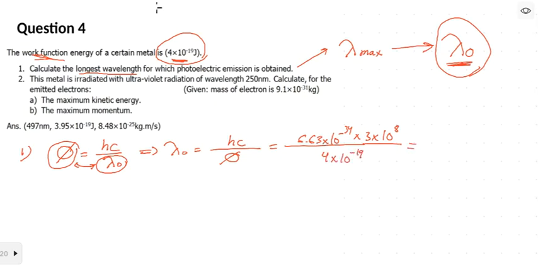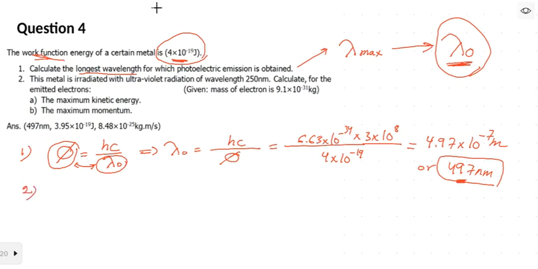So the answer of the wavelength here will be 4.97 times 10 to the power minus 7 meter, or 497 nanometer. It's the same. So this is the threshold wavelength, the maximum or the longest wavelength that can remove electron. And if I use any wavelength greater than this value, no photoelectric emission.